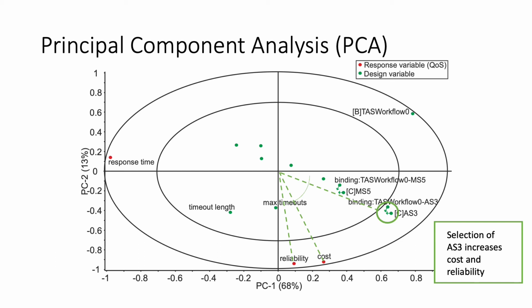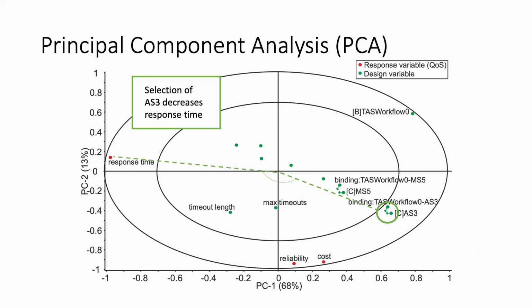We observe that all design variables related to AS3 are positively correlated with reliability and cost, and negatively correlated with response time. This indicates that the selection of AS3 has a remarkable influence on the qualities of the resulting configurations, and is consistent with the fact that the alternative alarm service implementations have considerably higher failure rates and response times than AS3, as well as lower cost per invocation.